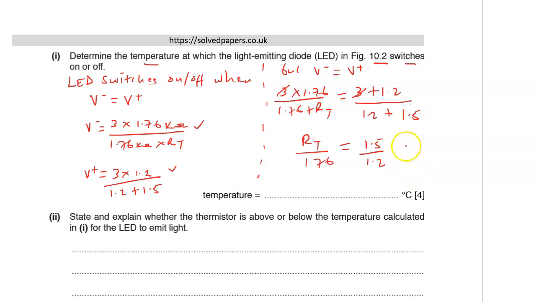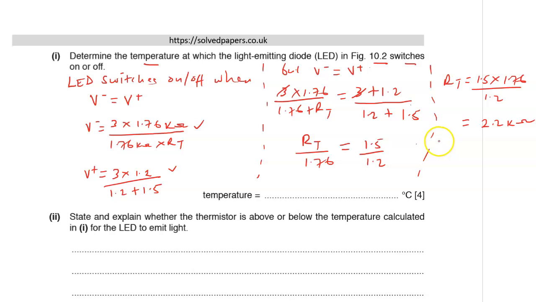Therefore our RT will be equal to 1.5 times 1.76 over 1.2, and this will give us 2.2 kilo ohm.